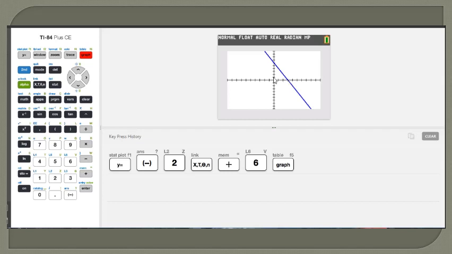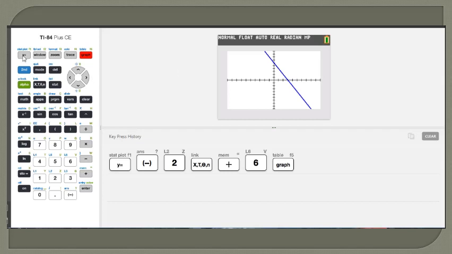And I can also pretty easily see the y-intercept here. So when x is equal to 0, let's see, I count 1, 2, 3, 4, 5, 6. y is equal to 6. And so there's our graph of minus 2x plus 6.